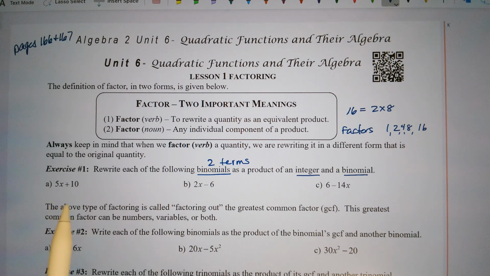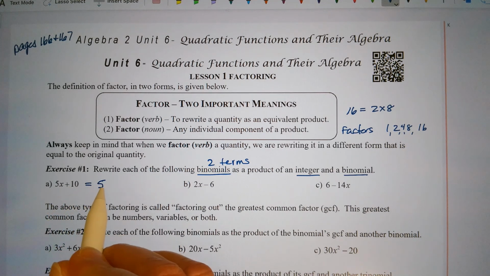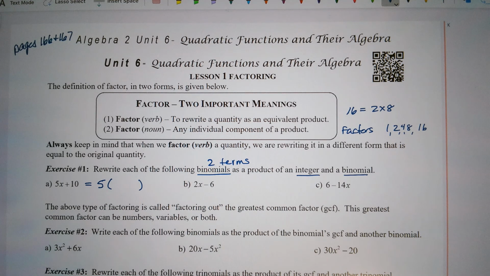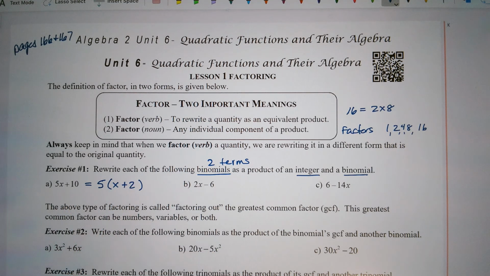What's a common factor? Well, 5 is a common factor. If we factor out 5, 5 times what will give us 5x? And then 5 times what will give us positive 10, positive 2. So 5x plus 10 factors into 5 times x plus 2, 5 being the integer, x plus 2 the binomial.